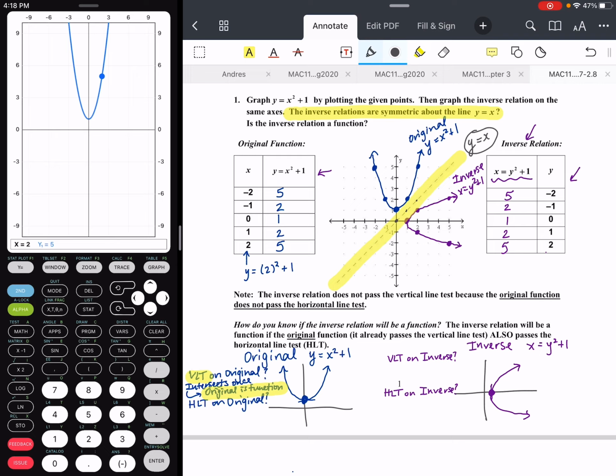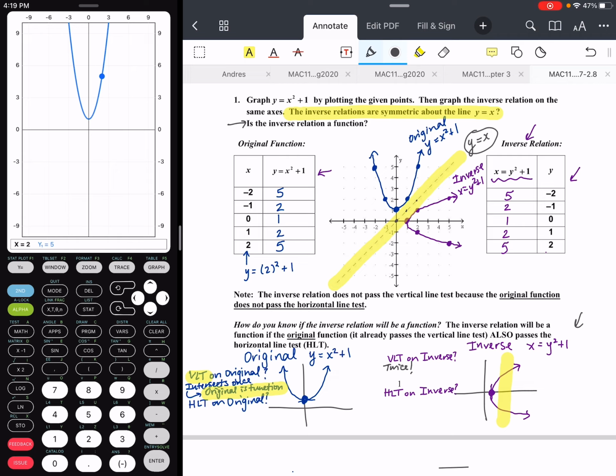Okay. Now, the next question in this paragraph, it says, is the inverse relation a function? So we can determine if something is a function or not using the vertical line test, right? So now that that inverse is drawn in purple, and I have a follow-up little sketch down here so I don't mess up my original graph too much. If we apply the vertical line test to this inverse, it fails, right?